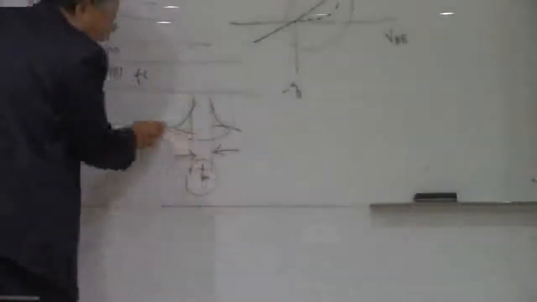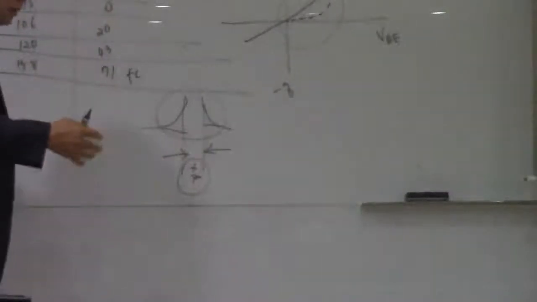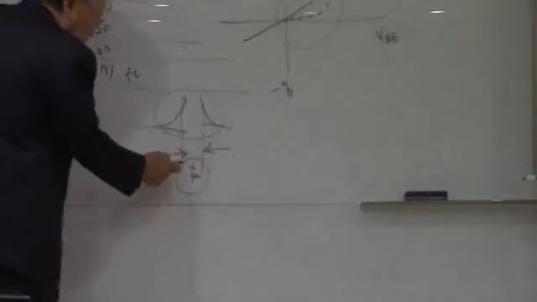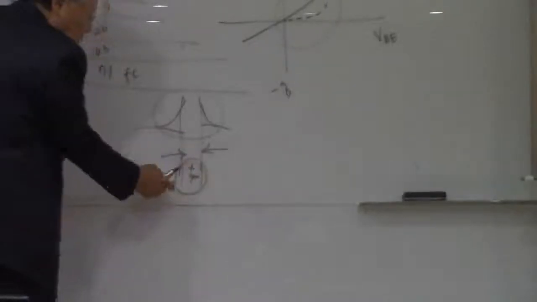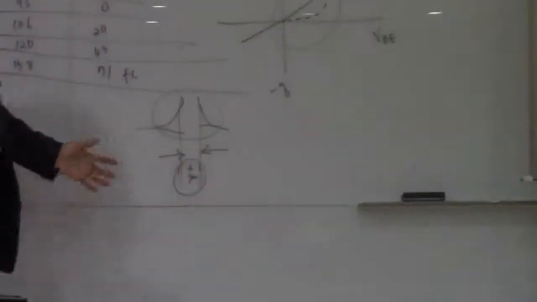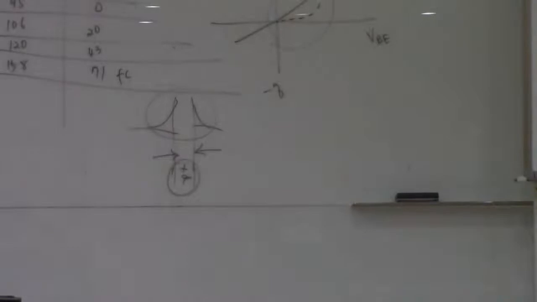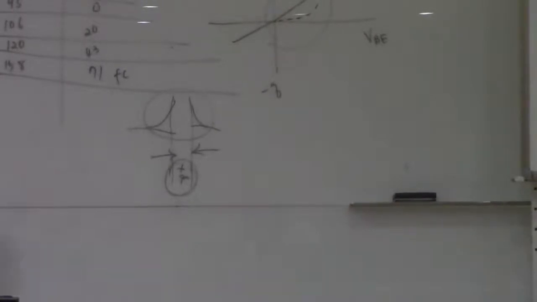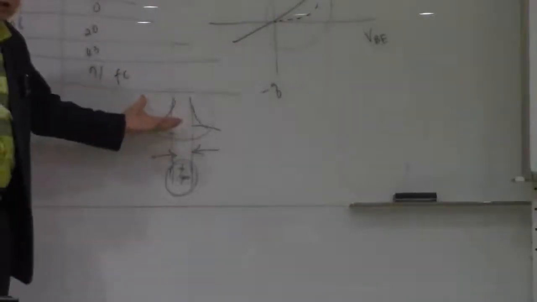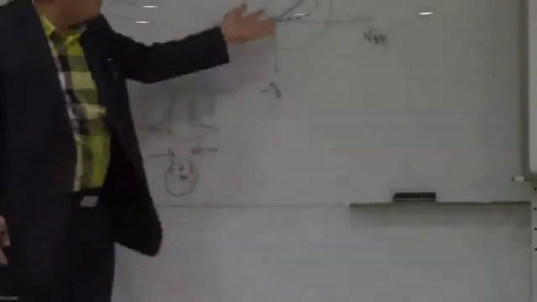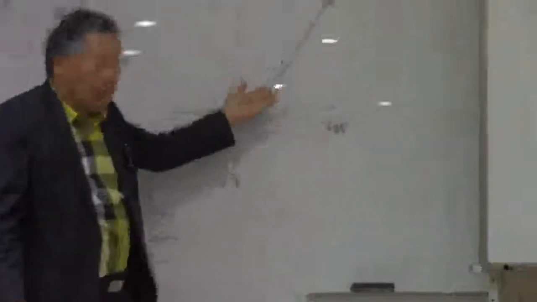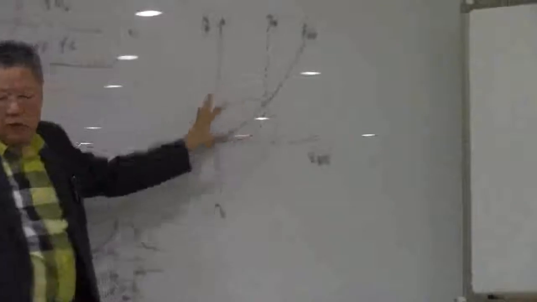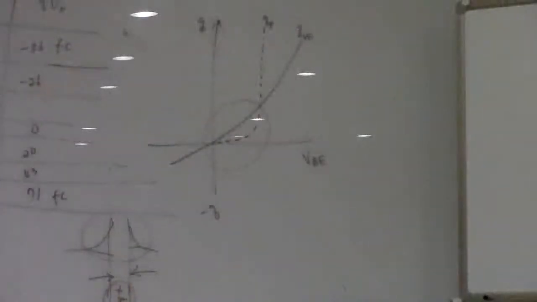But the injected charge is much more sensitive to the applied voltages. We know how the space charge width changes with the applied voltages: that's a square root dependence. And this is an exponential increase. So when you compare that, the result is obvious.